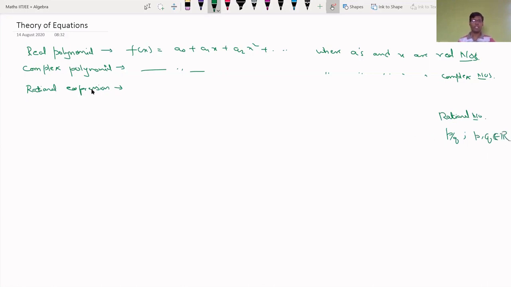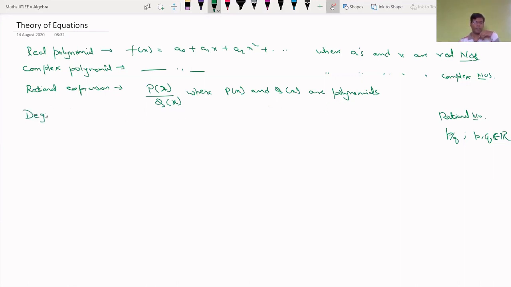Similarly, a rational expression has to be of the form p of x by q of x, where p of x and q of x are both polynomials.